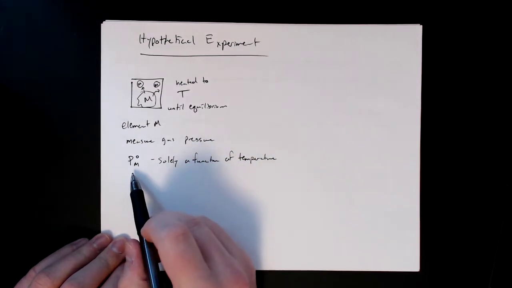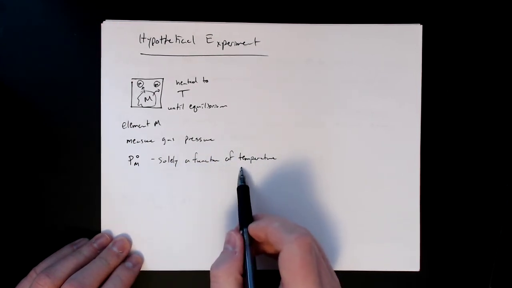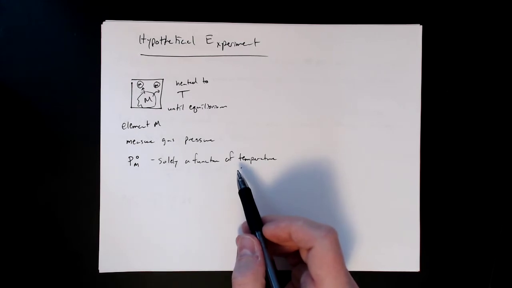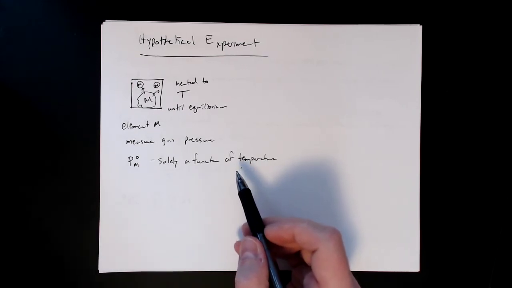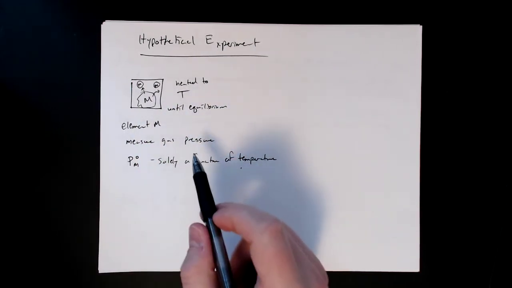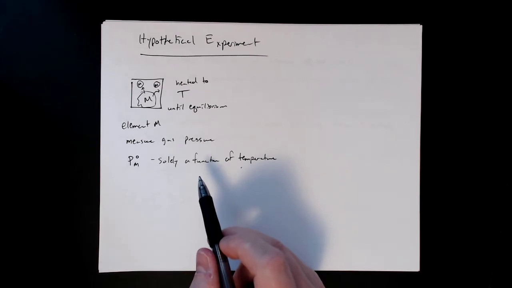So this pressure in its standard state is really just a function of temperature. It'll increase with increasing temperature. All right, so that's the first part of it. This is evaluating that standard pressure that we're talking about.